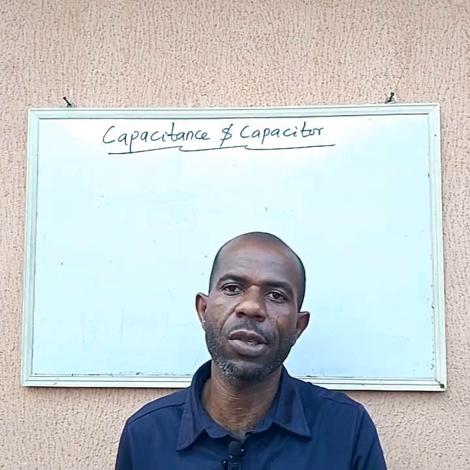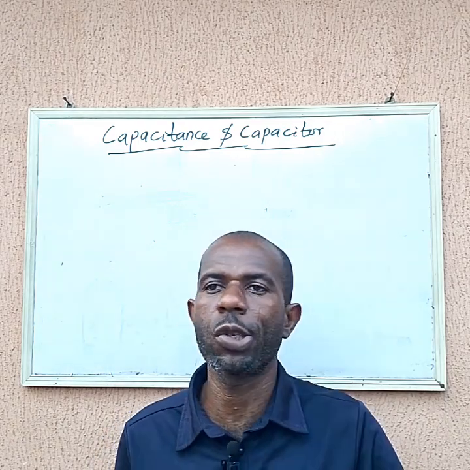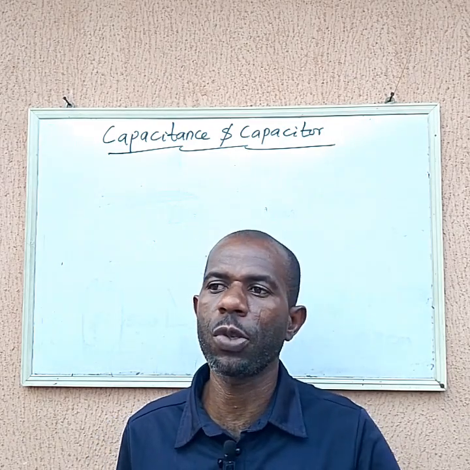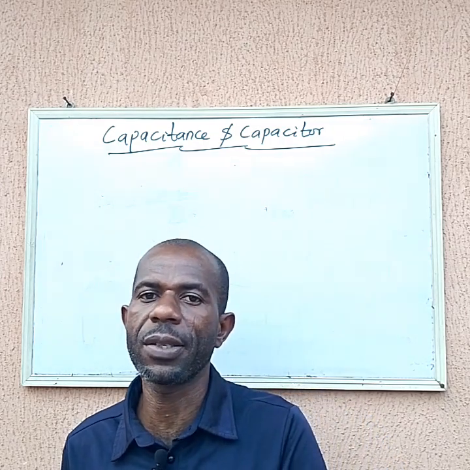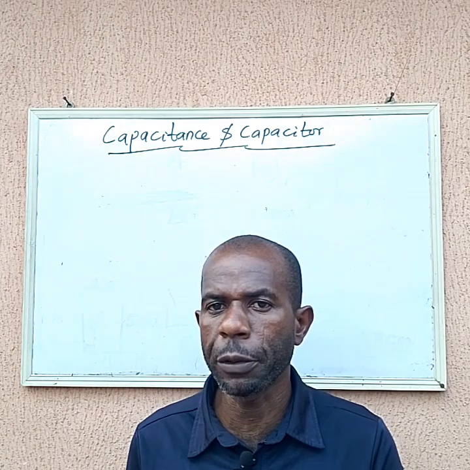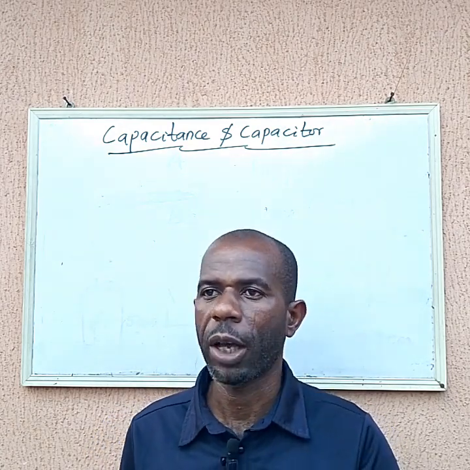So that is the essence of having a capacitor in an electric field. We want to induce and also store this electrical charge, or sometimes we use it to separate AC current from DC current. So that is the use of a capacitor.